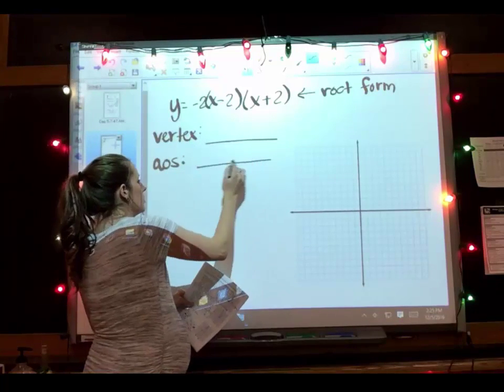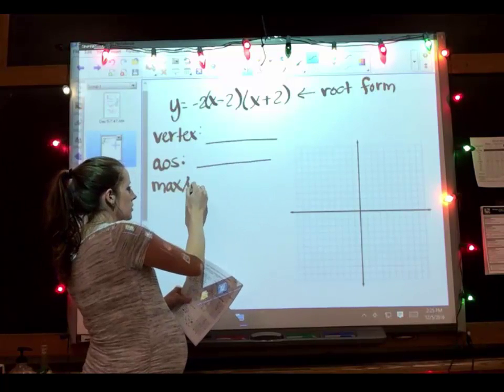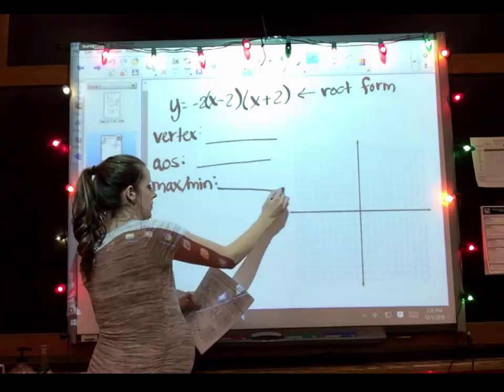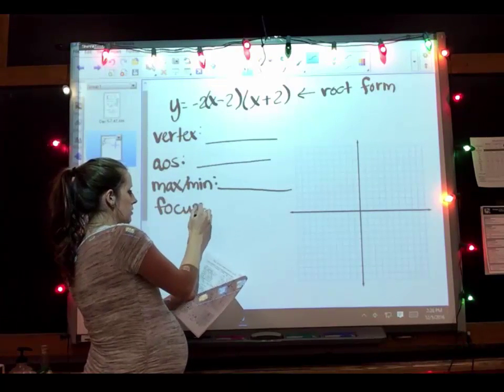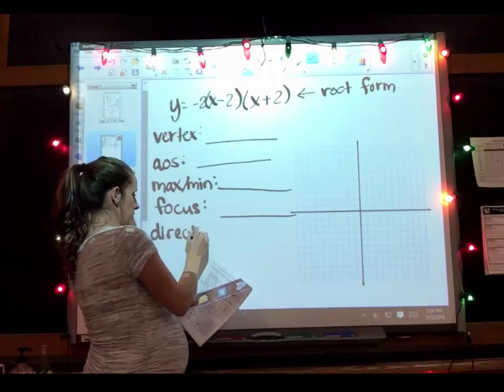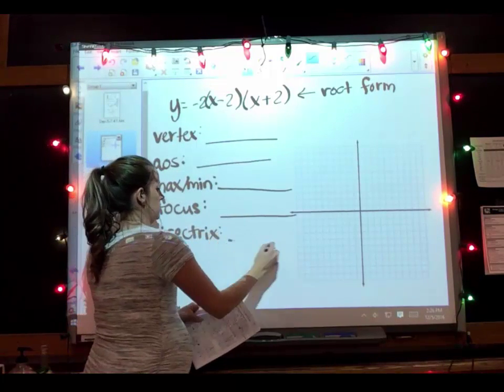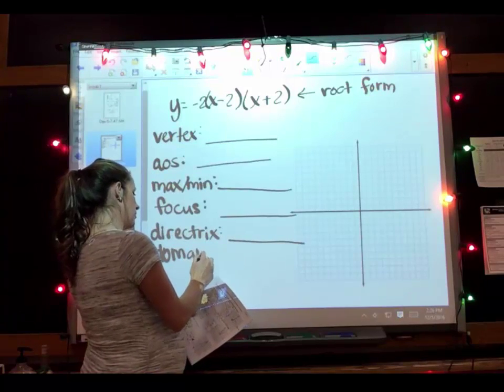Let's see, max or min. Then your focus. Directrix. Domain. Range, and then roots.